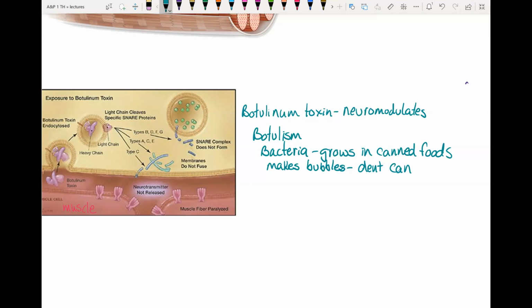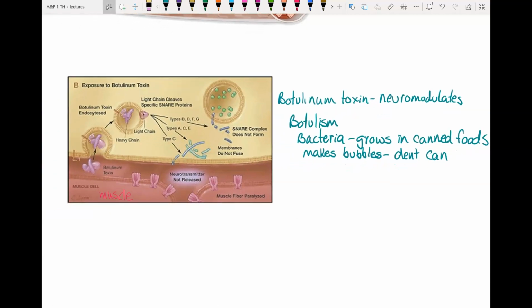So anyway, what happens is the bacteria makes a toxin. And this toxin from the bacteria gets into your synaptic cleft. And it blocks acetylcholine.